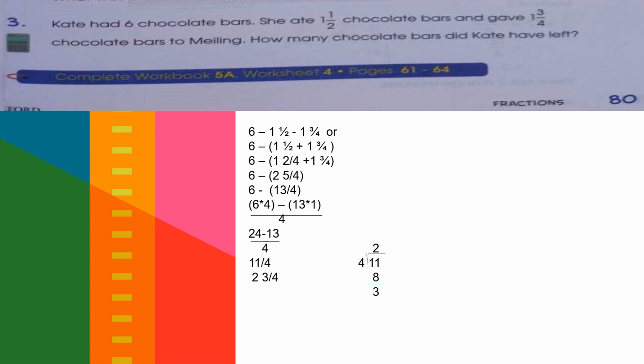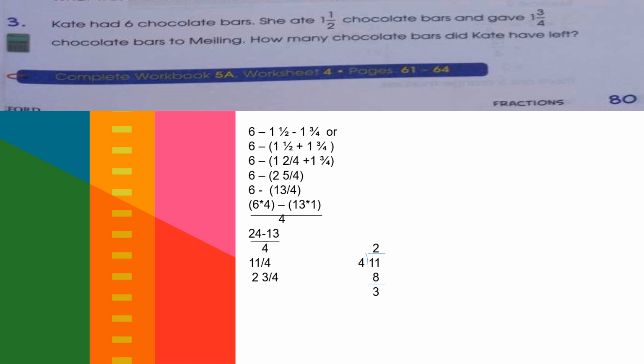Or first we add up the part which she ate and she gave, and then subtract the total amount from 6. So we have adopted the second method, and first we have added the amount of chocolate Kate ate, which is 1 whole number 1 over 2, and the amount of chocolate she gave, which is 1 whole number 3 over 4, and then subtracted it from 6.